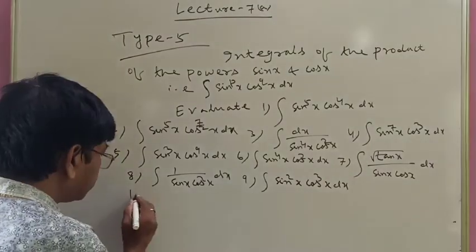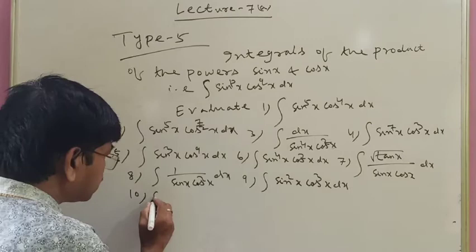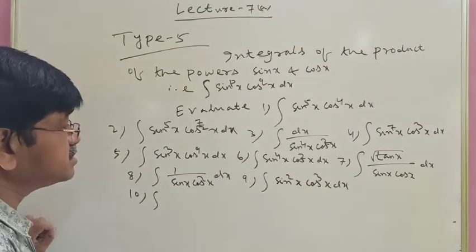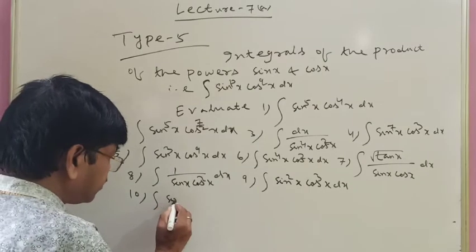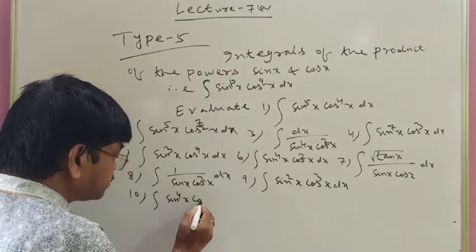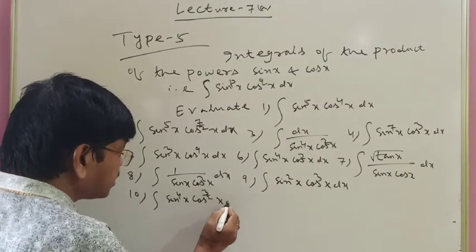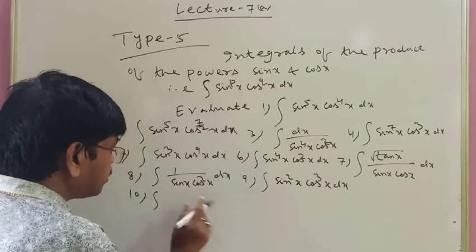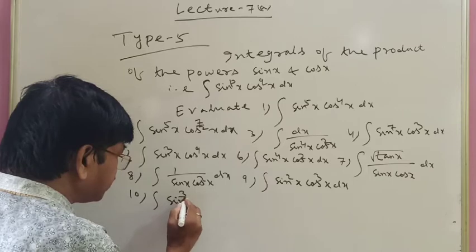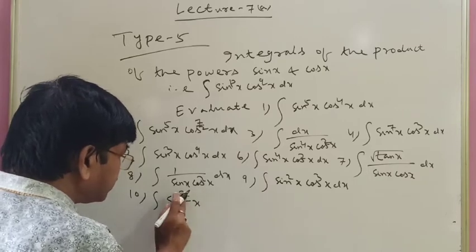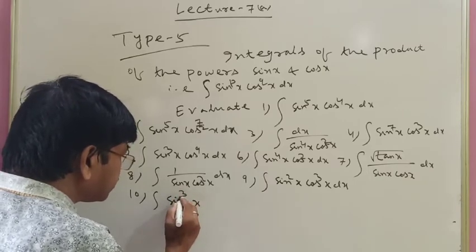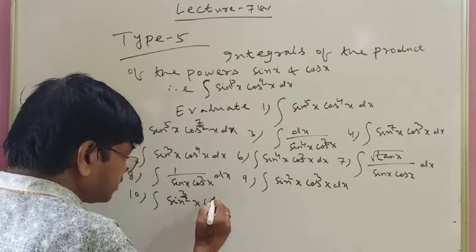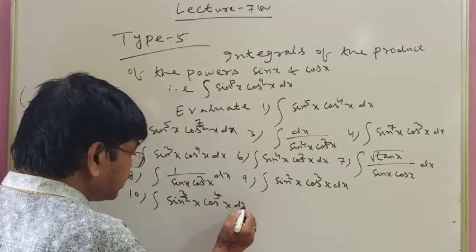Then number 10. Suppose I give another question: sin power 4x into cos to the power 3 by 2x. Actually this will make sin to the power 3 by 2x into cos to the power 5x. What are you observing here?